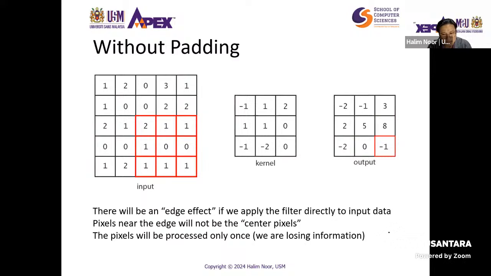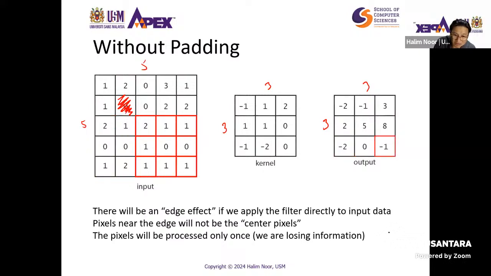In this case, the output dimension is 3 by 3, as you can see here, and the filter size is 3 by 3, and the input dimension is 5 by 5, right?